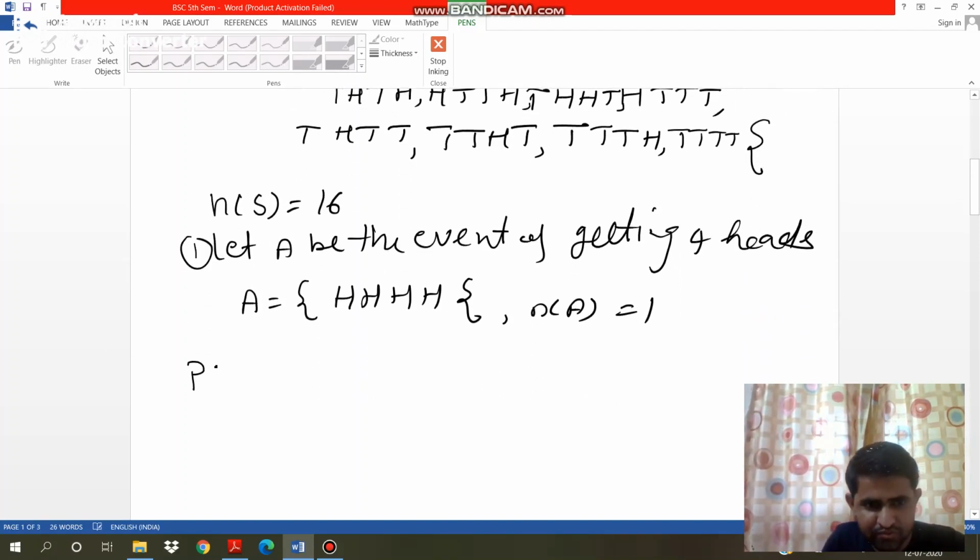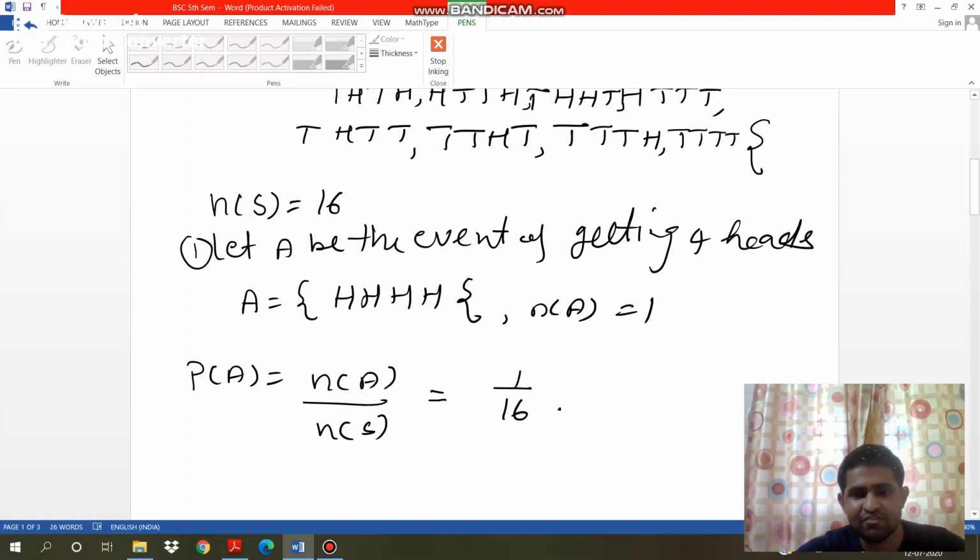Probability of A is n(A) over n(S), which is 1 by 16. This is the first one.